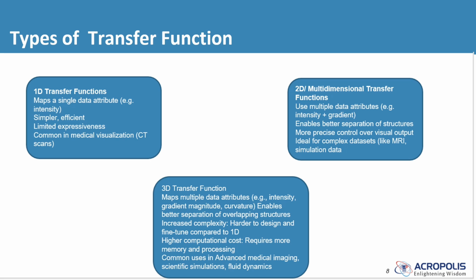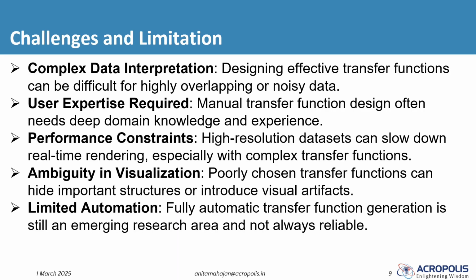It enables better separation of overlapping structures, increased complexity. Since it is in the 3D format, they are harder to design and fine tune compared to 1D where only a single data attribute was used. Requires more memory and processing, and it is commonly used in advanced medical imaging, scientific simulations and fluid dynamics.